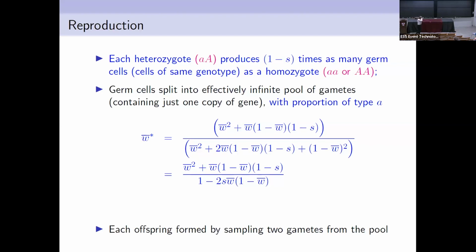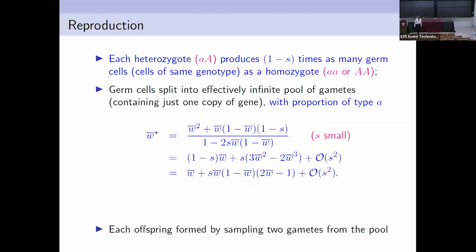Now, I said that selection needs to be weak because we're observing things over very long timescales. So we're only interested in things which are evolving over long timescales. So selection is going to be weak so that S is small. And just rearranging the equation, using geometric expansion, we find that the proportion of little a alleles in this pool of gametes is what we started with plus a correction of order S. And we're going to throw away terms of order S squared.